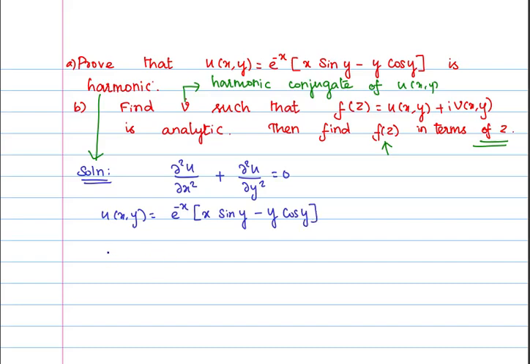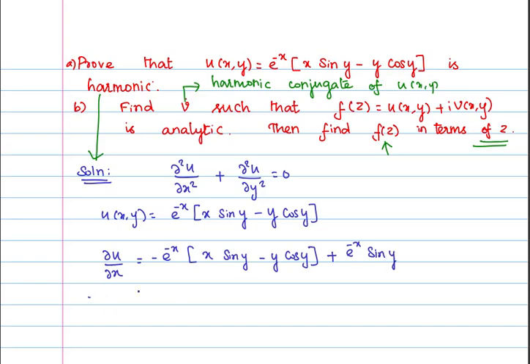Now I am going to take the derivative with respect to x. I can take this as one function and this as another function. So first I take exponential of minus x times sin y minus y times cos y, plus I keep exponential of minus x as it is, then I take the derivative of this one, and we get sin y.